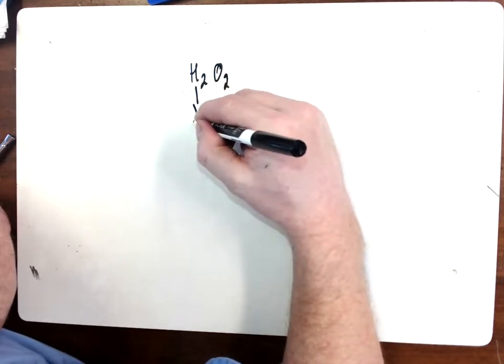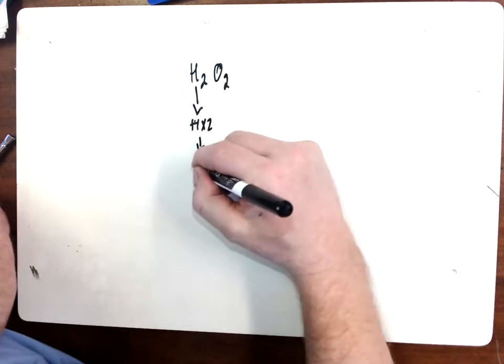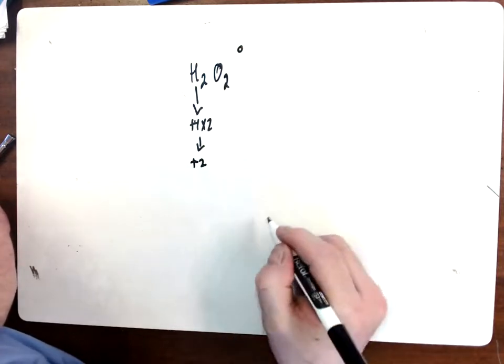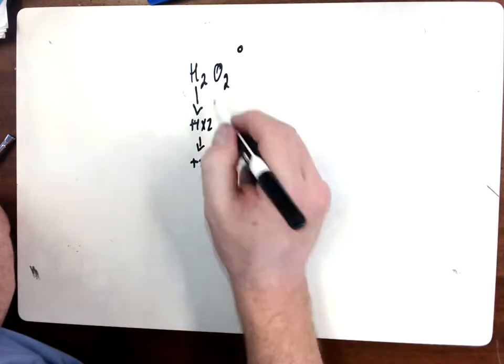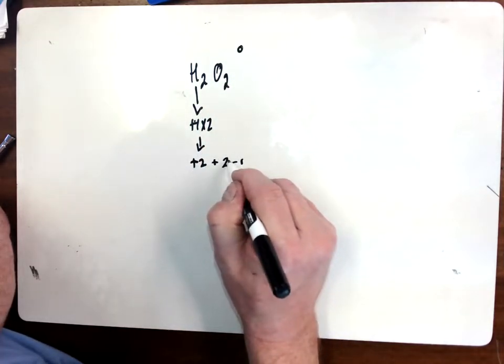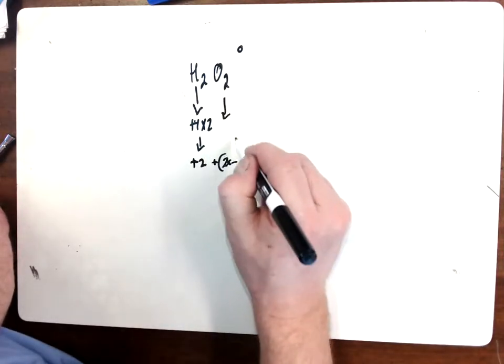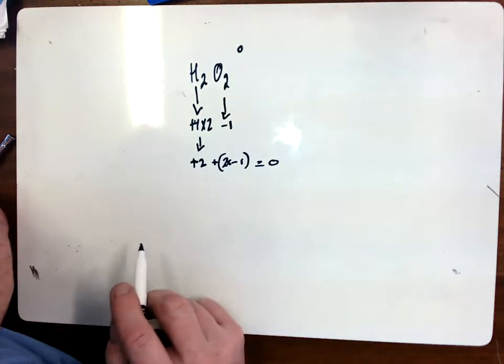So the hydrogen is +1 times 2, so it has a total contribution of +2. The overall charge is 0, so therefore each oxygen must be -1. So this time oxygen, instead of being -2, is -1.